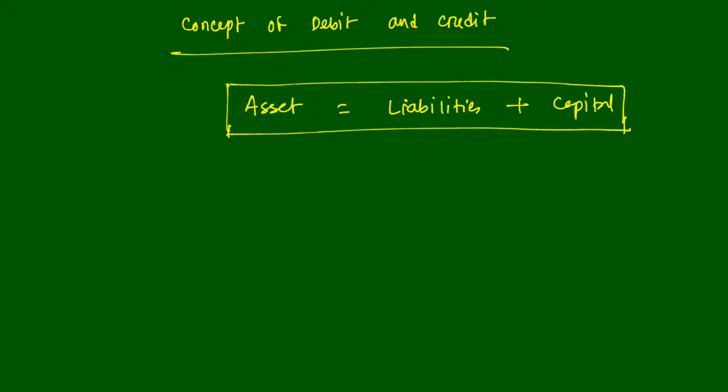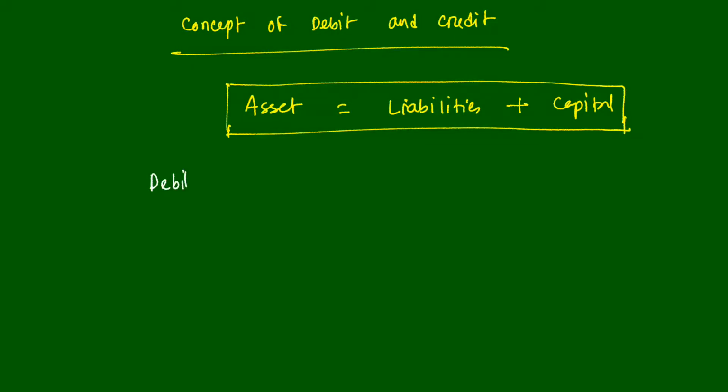This is the change in the value of assets, liabilities and capital as a result of a business transaction of financial nature. We use the terms debit and credit in order to show the changes in the value of these basic accounting terms, assets, liabilities and capital.